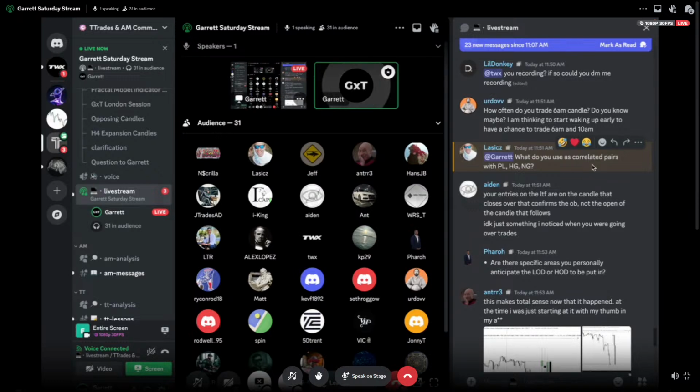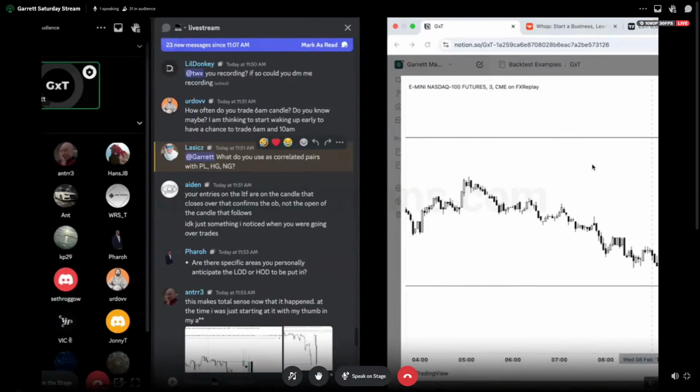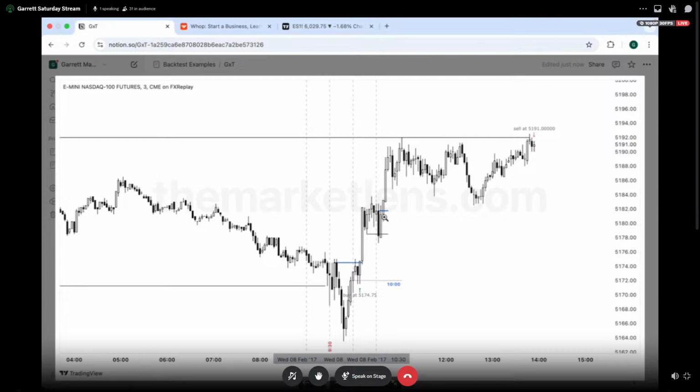The entries on a lower time frame are on the candle that closes over the open of the candle. Oh, yeah. I mean, that's the same thing, though. I think this is what you're asking: if I entered on the close of the candle that created the CSD, that's quite literally the same thing as entering on the opening of the next candle.